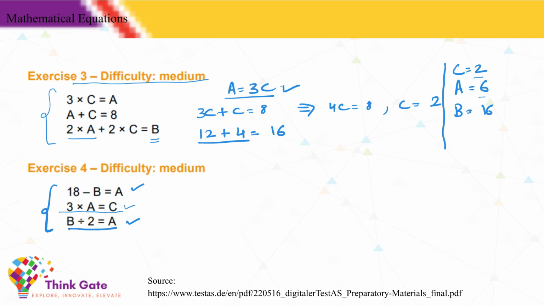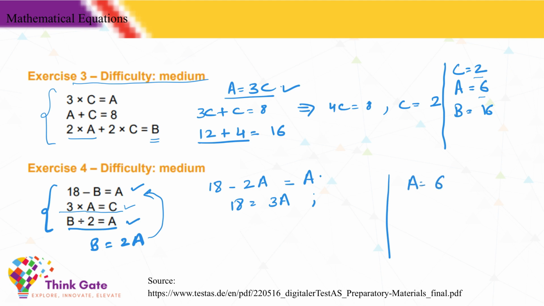So I'll take this equation first, so it becomes b is equal to 2a, and we substitute this value here: 18 minus, and the value of b we take as 2a, it becomes 18 is equal to 3a, and from this we say that a is equal to 6.